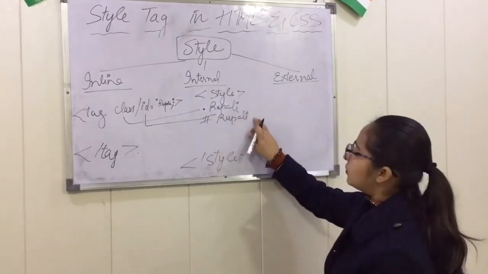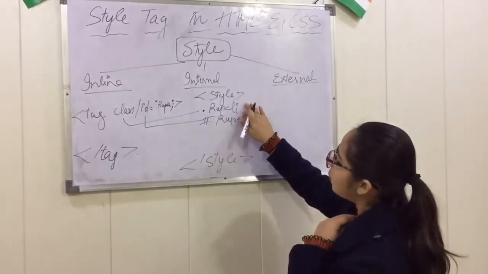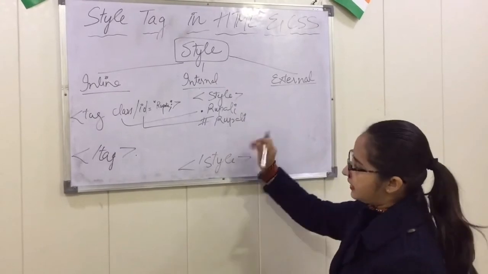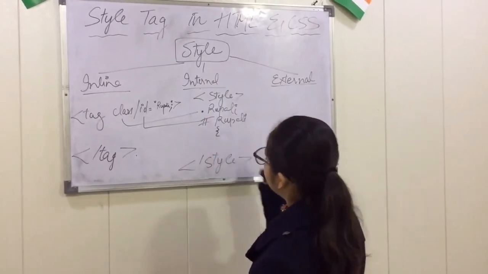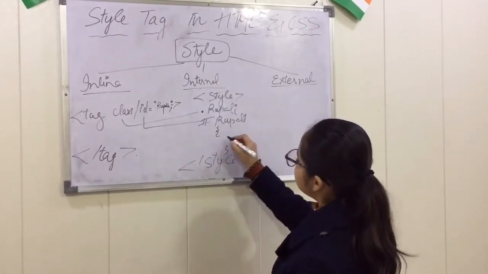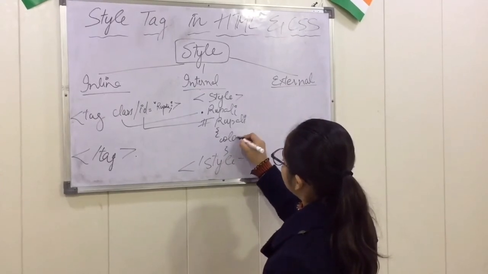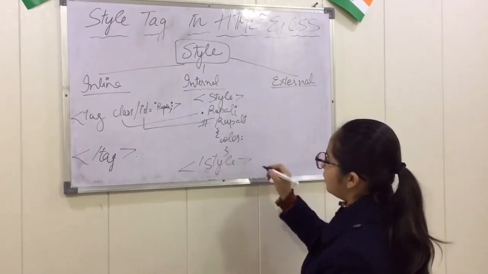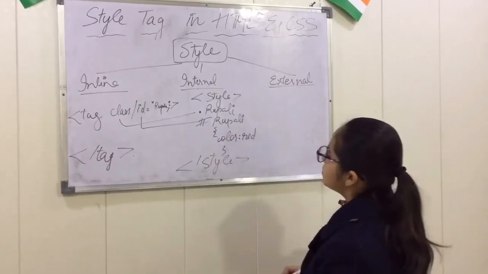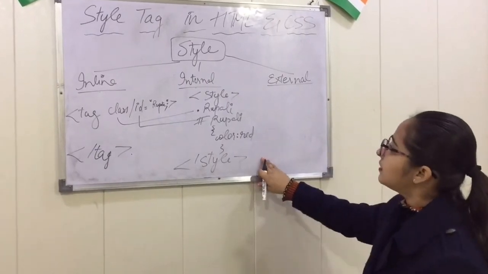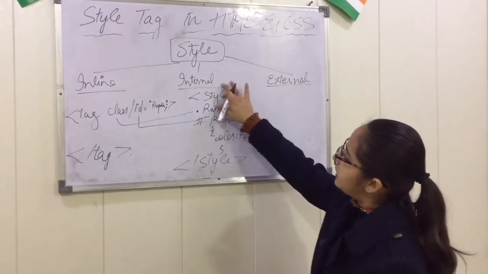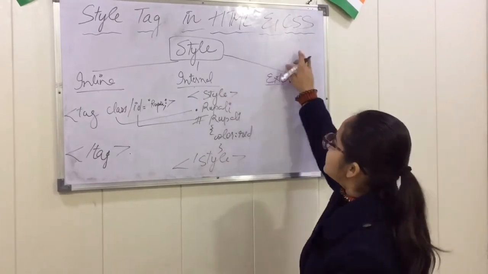We have to do only one thing, either call the class or call the id. Now we will pass the value, that is color colon red. In this way we can see the syntax of internal style in HTML and CSS.